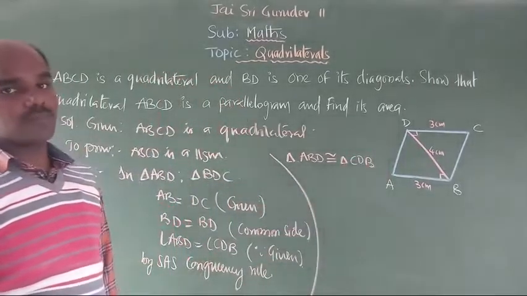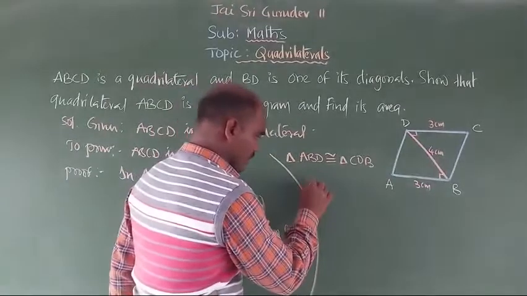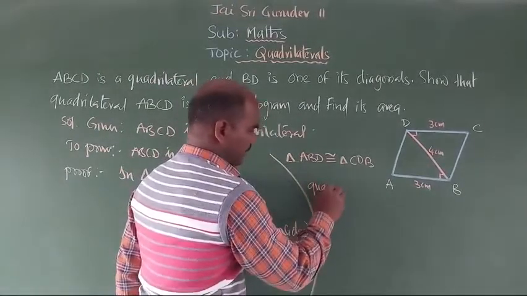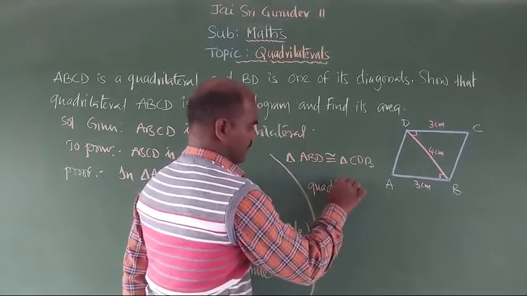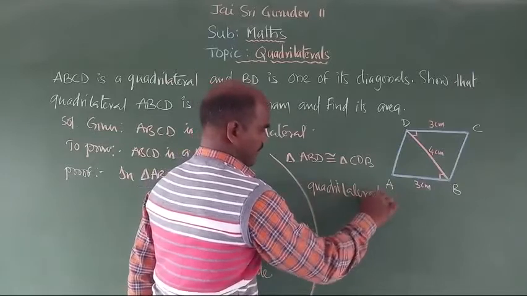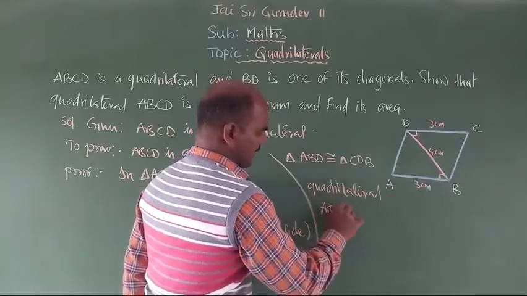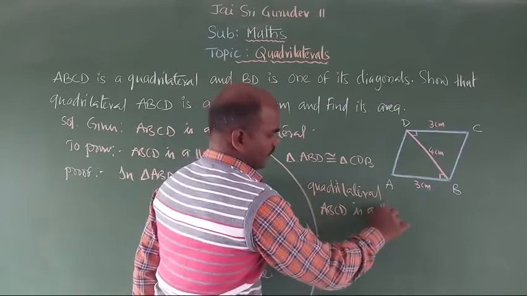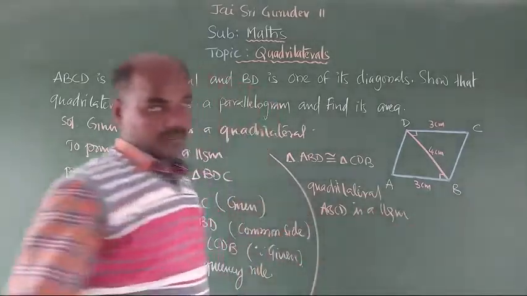Yes or no children? So then quadrilateral ABCD is a parallelogram. Yes or no children?